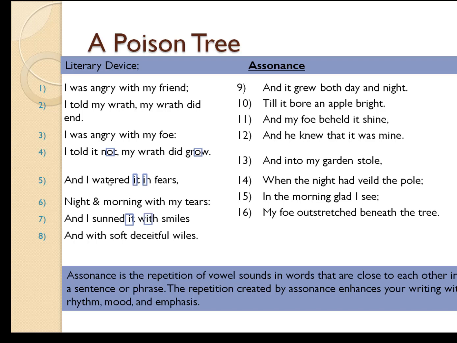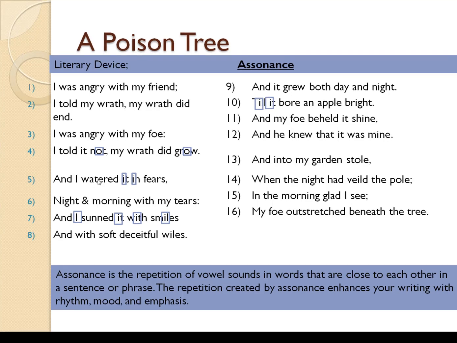Again with, it: the I sound has been used over here. Then smiles, I, smile: the I sound has been used over here. In line 10, till it bore, the O sound again has been used over here. Blake has used assonance in his poem A Poison Tree.